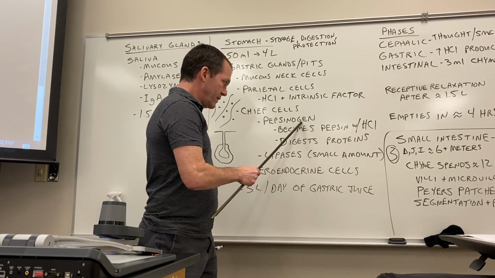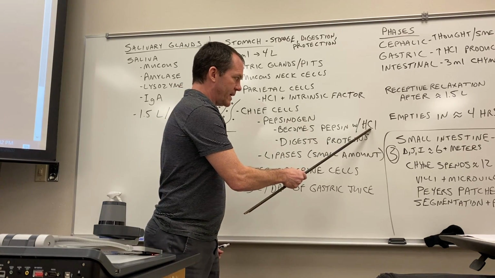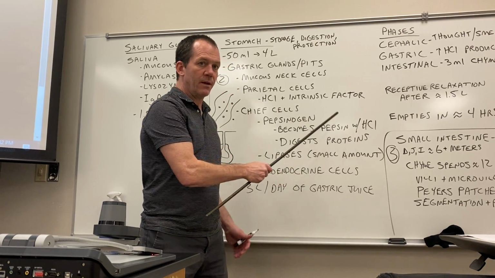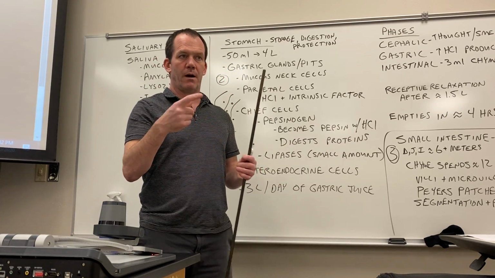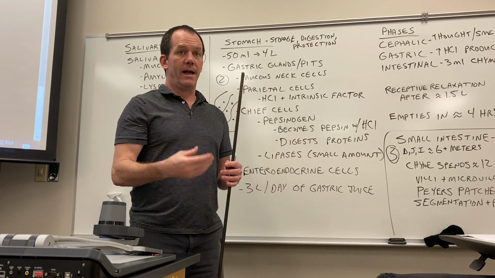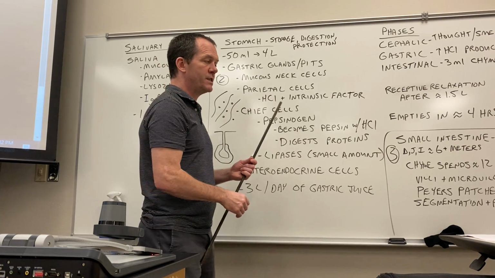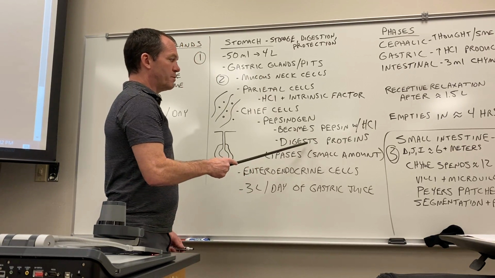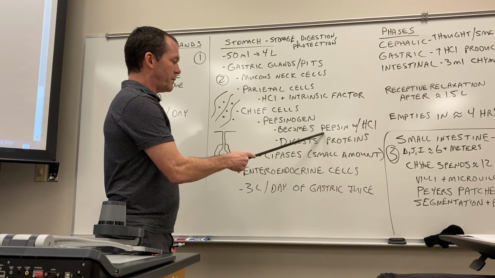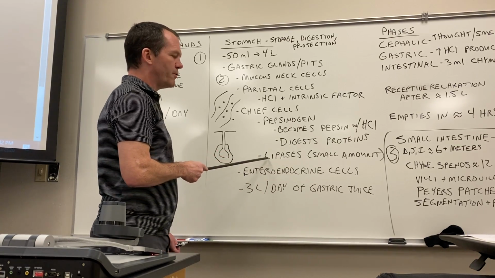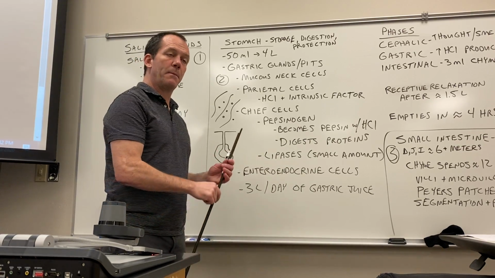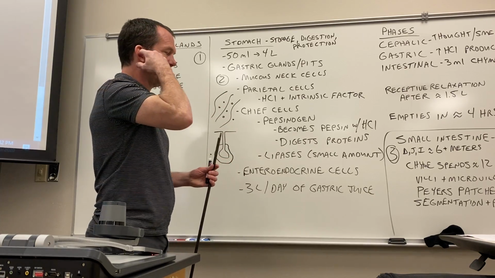When pepsinogen is exposed to hydrochloric acid, it becomes pepsin. And pepsin is a protein digesting enzyme. So you do have some chemical digestion of proteins in your stomach, largely because of pepsin. You do produce a few lipases, and lipase breaks down lipids.